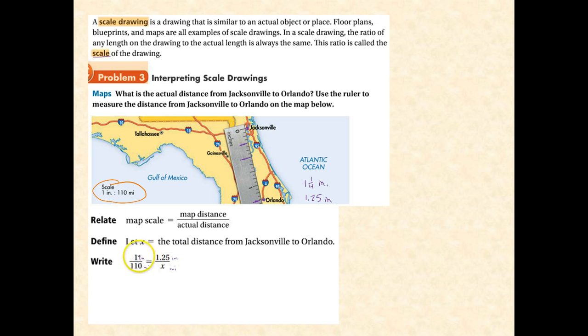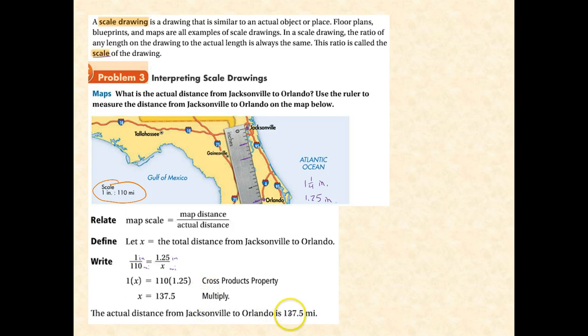And now we're going to do cross products. 1 times x is x. 110 times 1.25 is x. So 110 times 1.25 is 137.5. So the distance from Jacksonville to Orlando is 137.5 miles.